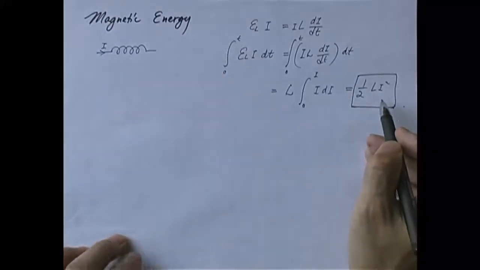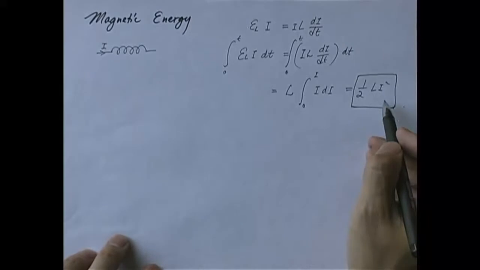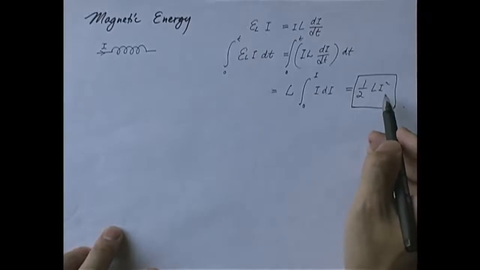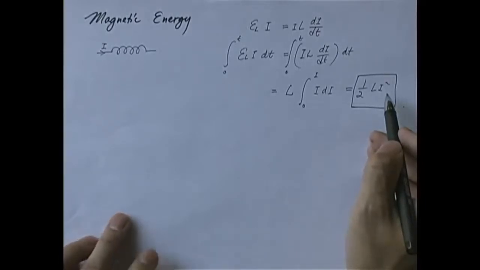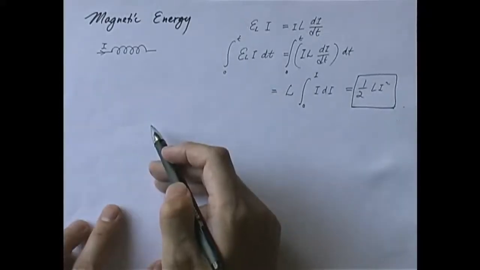And from that, I can express this in terms of magnetic energy density. So we are going to see how we can rewrite this I in terms of magnetic field. It's not easy to do for general geometry, but we can do it for a simple case where this inductor is nothing but a solenoid.